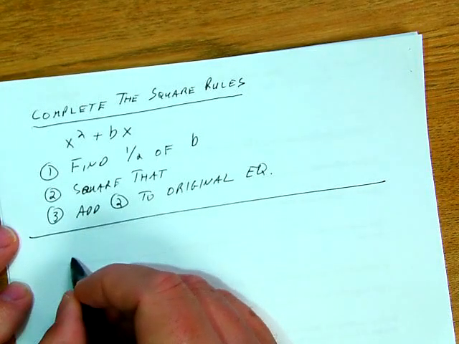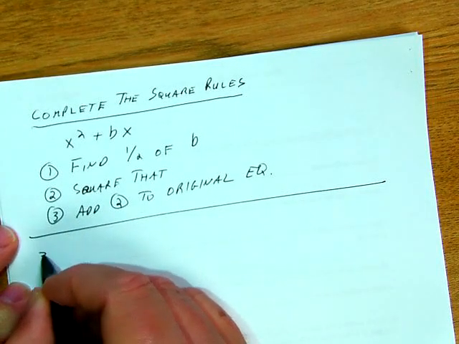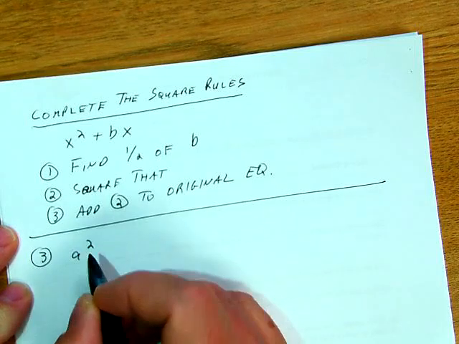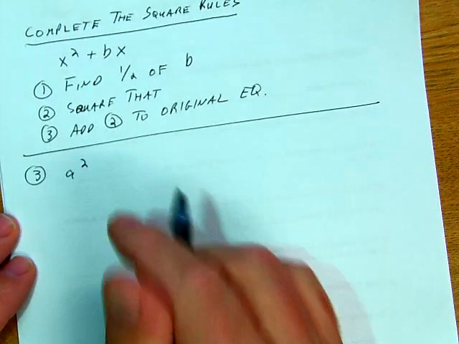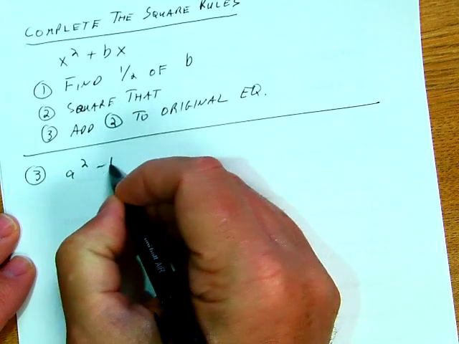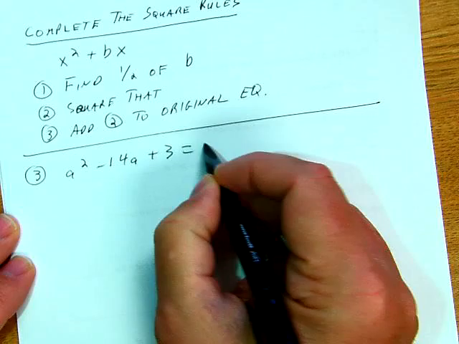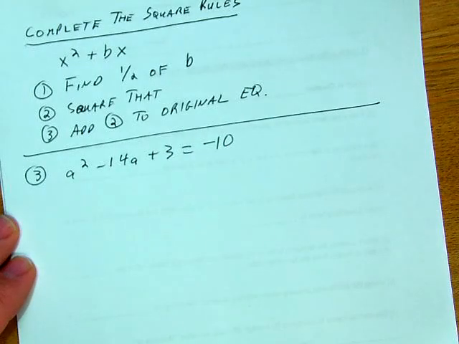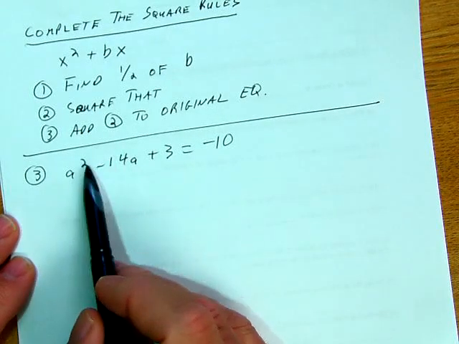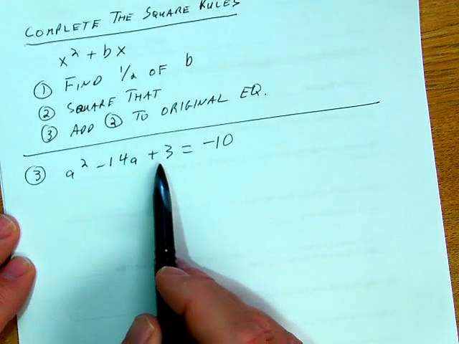Let's see that in action. Let's say we're asked to solve, and this is example 3 in your book, a squared minus 14a plus 3 equals negative 10. Well, I want to get my equation into this kind of format, so I'm going to get rid of that 3.